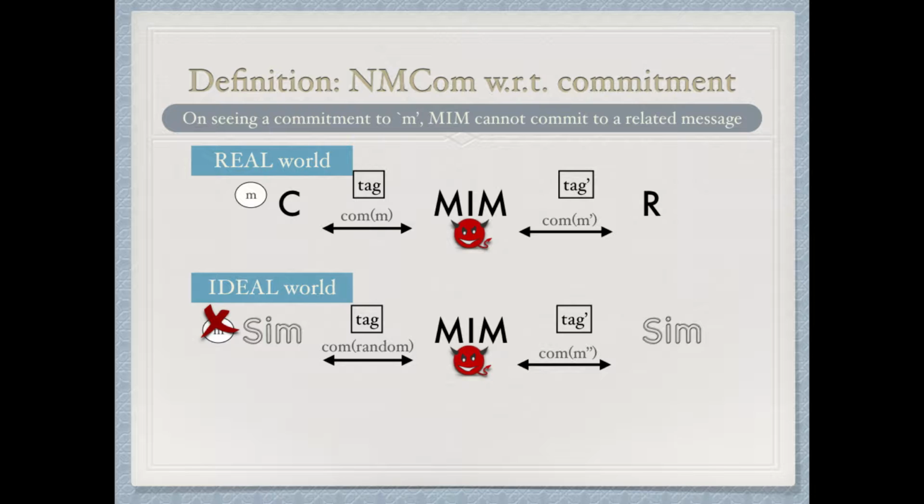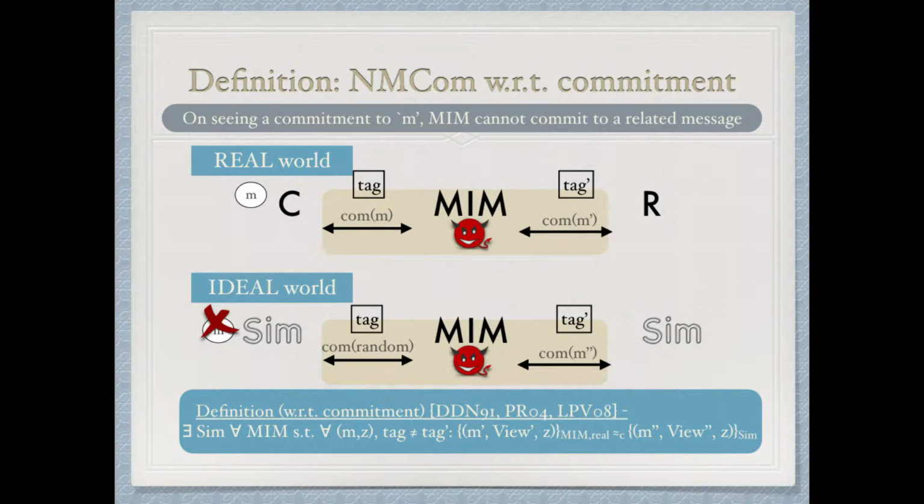Then what we'd like to say is that the distributions of M prime in the real world and M double prime in the ideal world are indistinguishable or close. Which intuitively means that whatever the man in the middle produced here after looking at a commitment to M can be produced by him even without looking at any commitment to the actual message.